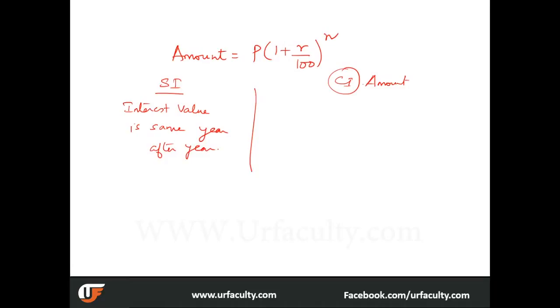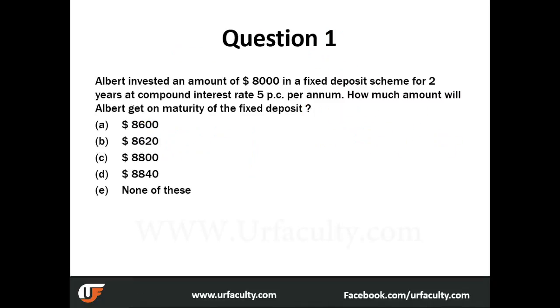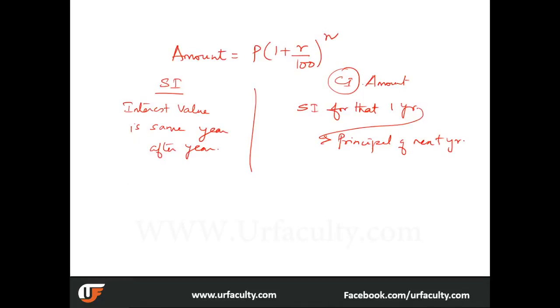Whereas compound interest is basically simple interest for that year, and that interest is then added to the principal of next year. So you have a P and you find out simple interest, and your next P dash is equal to P plus SI.